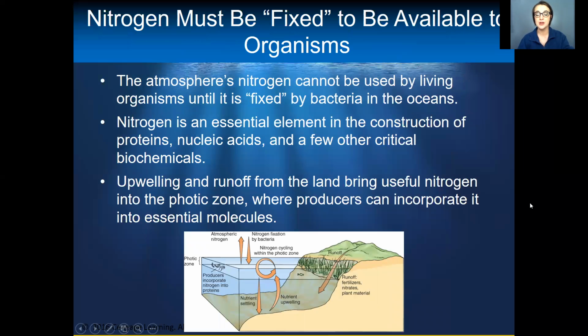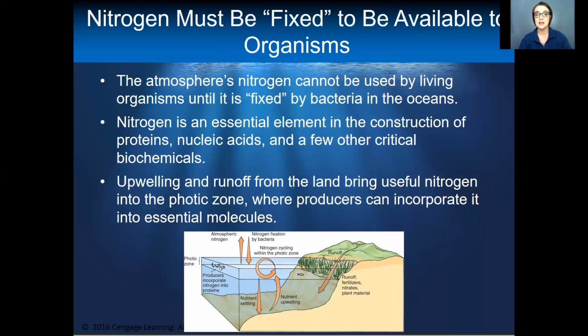Now, the nitrogen cycle is a little bit different, because in the ocean, it plays a role that isn't necessarily positive on some levels. Nitrogen is necessary in the ocean because the bacteria that are naturally in our ocean waters, typically floating on the surface, are going to fix a lot of the nitrogen.